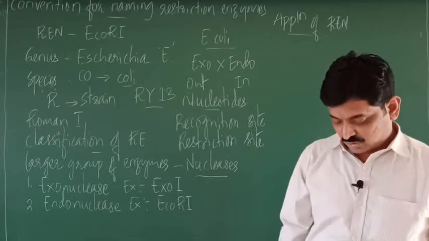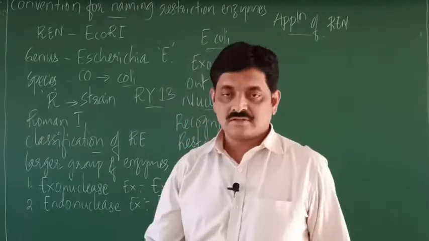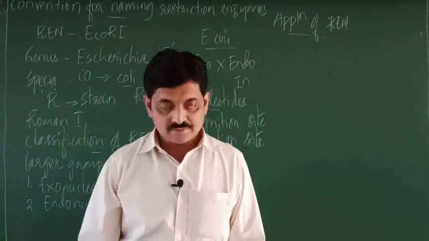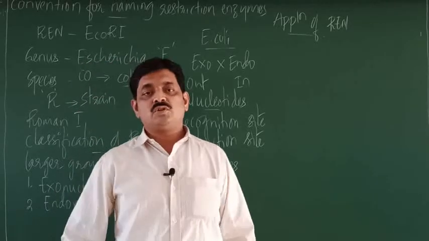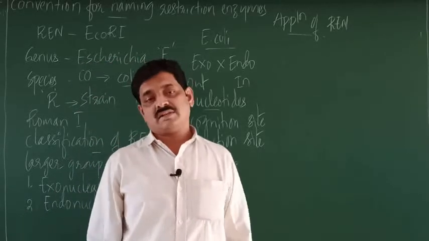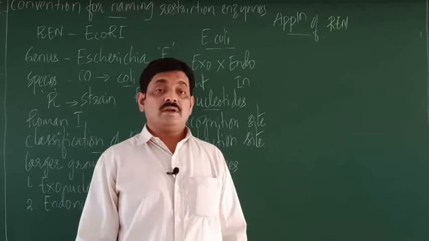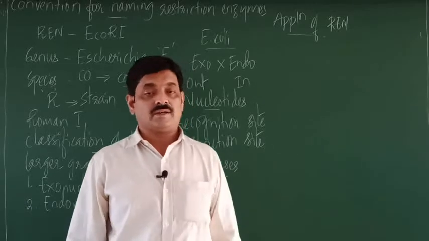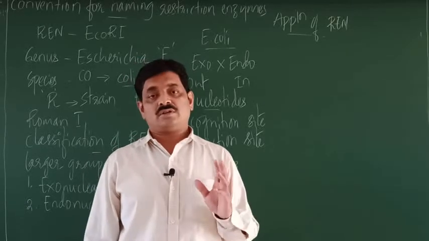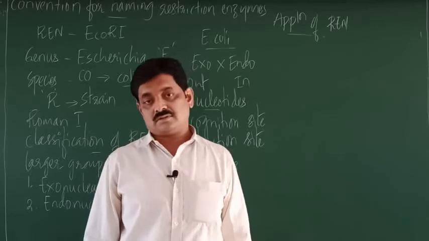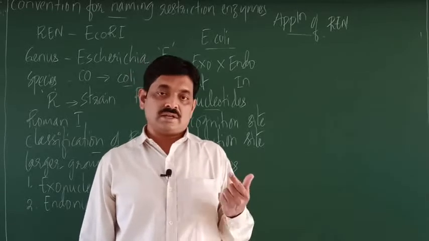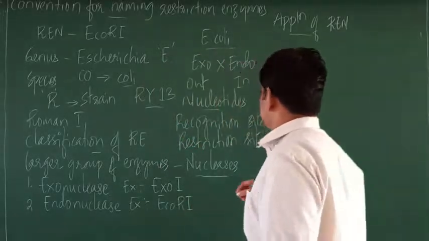So what is the application of endonuclease? What is the meaning of application? Use. So what is the use of endonuclease or restriction endonuclease? It is used in genetic engineering, right? Restriction endonuclease is used in genetic engineering.